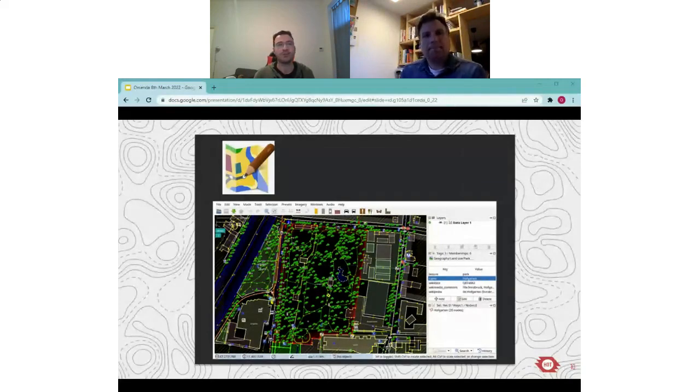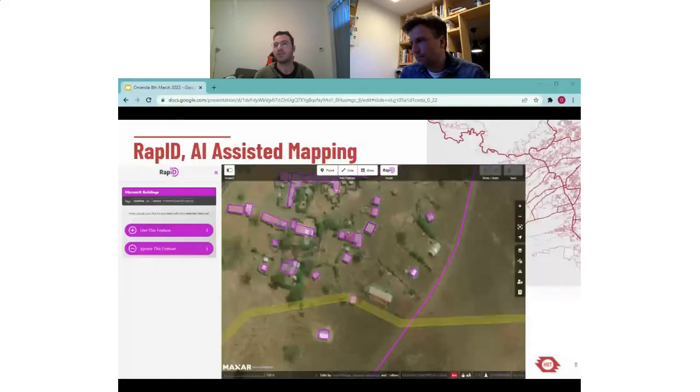A lot of initiatives have been running around. The biggest one, according to my evaluation, has been RapiD. RapiD is AI-assisted mapping where features are predicted by an AI model, using computer vision that works on satellite imagery, detects where the buildings are, and makes them available for mappers to come and select.